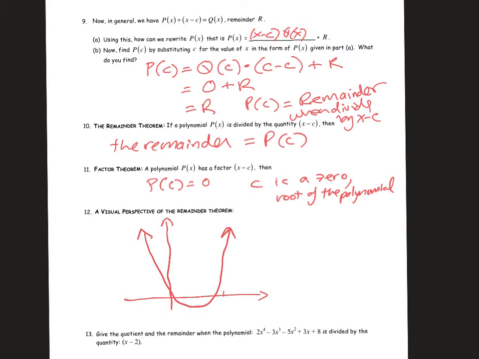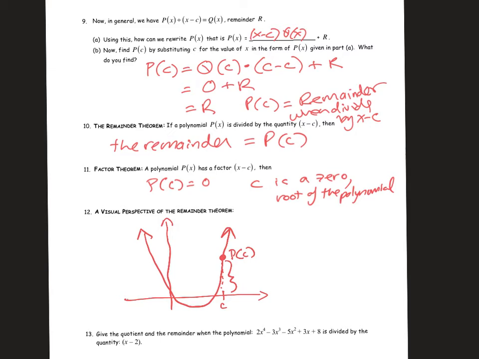So here's c, and c is not an x-intercept, so here's p of c. This y value is how far off the graph is from being a zero. How far off is the y-coordinate from 0? And that's the remainder.